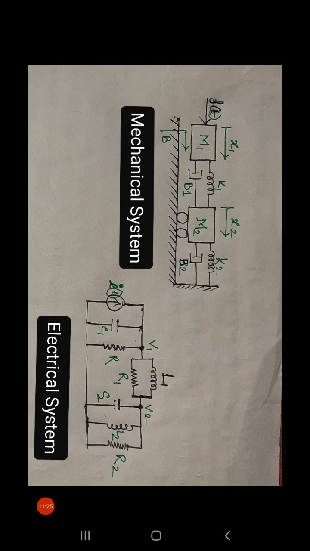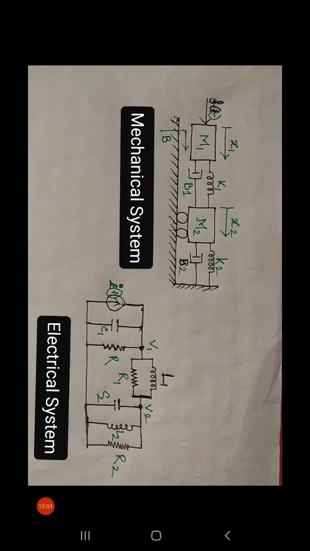So in the electrical system, we need to consider these elements as common elements. First we are taking the spring; for spring we need to consider an inductor. Second we consider the dashpot or viscous friction coefficient, and for this we need to consider resistance.